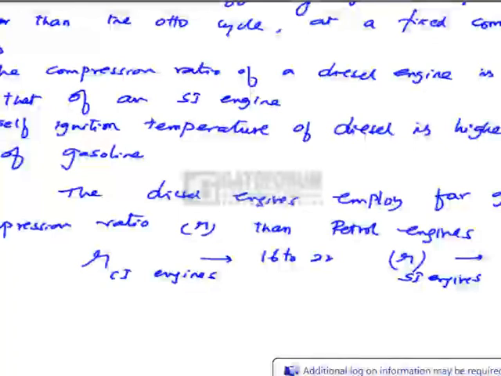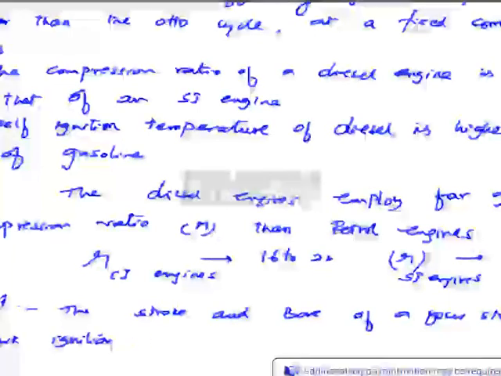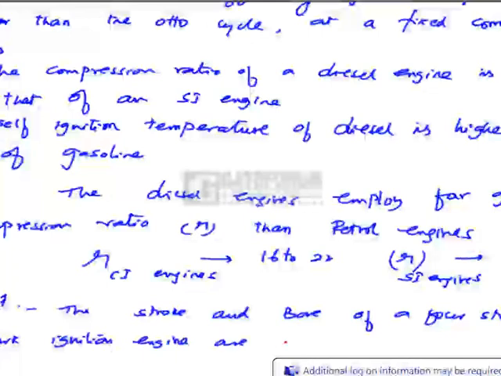Now I shall solve a problem that is given in GATE 2007. The stroke and bore of a 4-stroke spark ignition engine are 250 mm and 200 mm respectively.